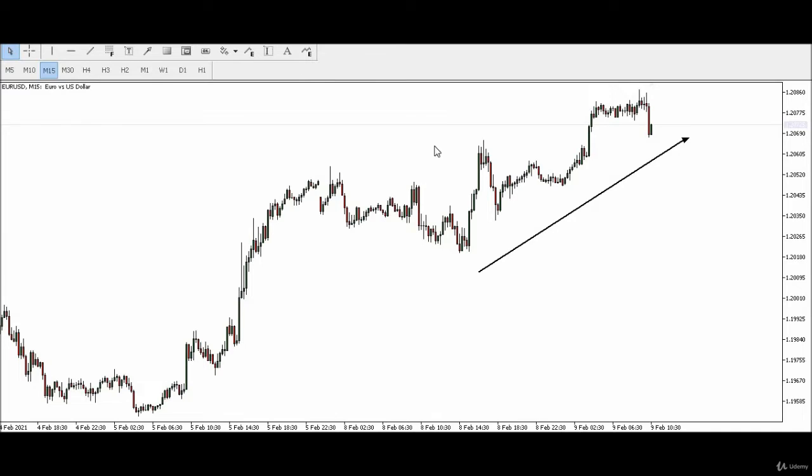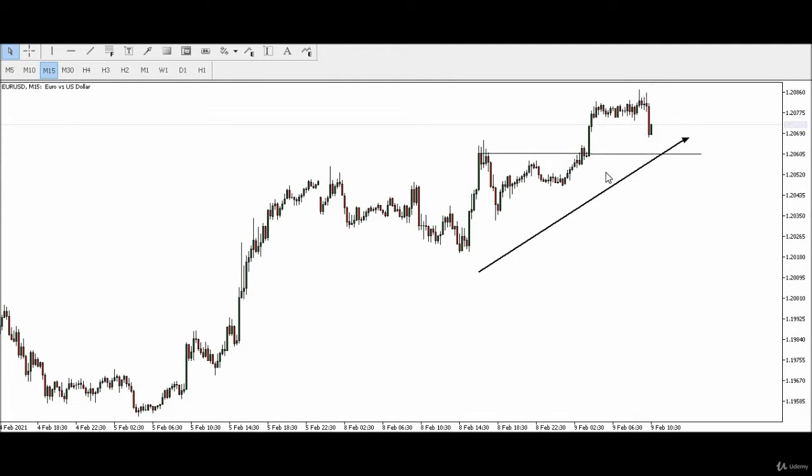Then we can mark this support and resistance, and here support, and we can see that here is a big red candlestick, so it means that the sellers are strong here.